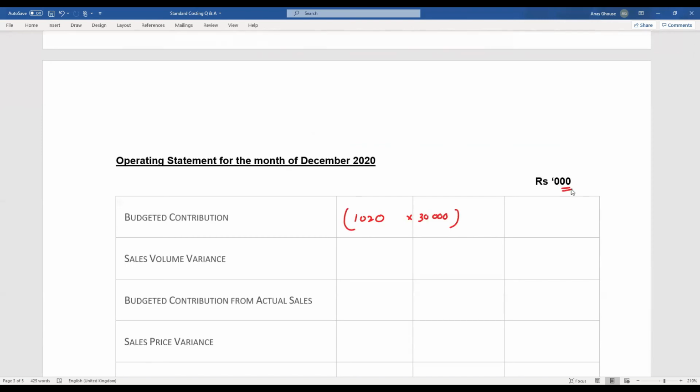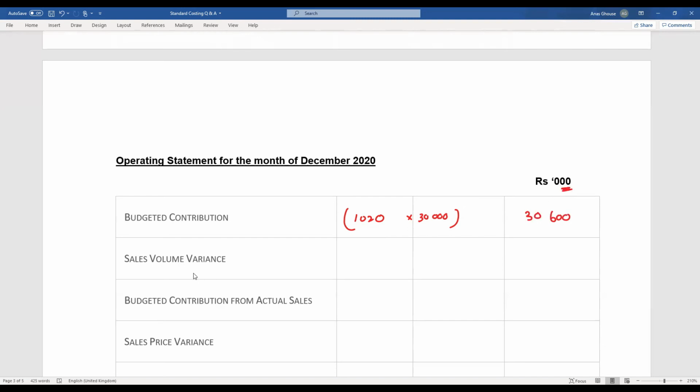So 1,020,000 times 30,000. So budgeted production 1,020,000 times budgeted contribution of 30 million should be 30,600,000. So the figure is in thousands.